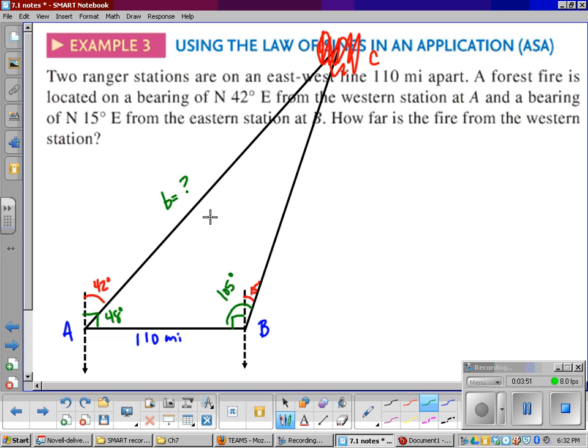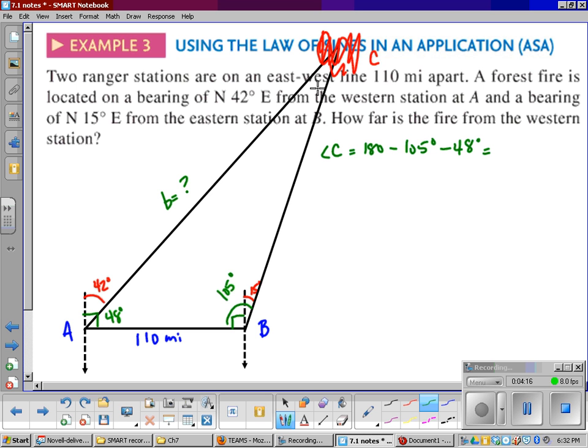So I have angle B, but I don't have side B. Remember that for the law of sines, you need two pieces of information, an angle and a side, that have the same letter. But now that I have the two interior angles of this triangle, I can find the third interior angle by just finding 180 degrees minus 105 degrees minus 48 degrees.